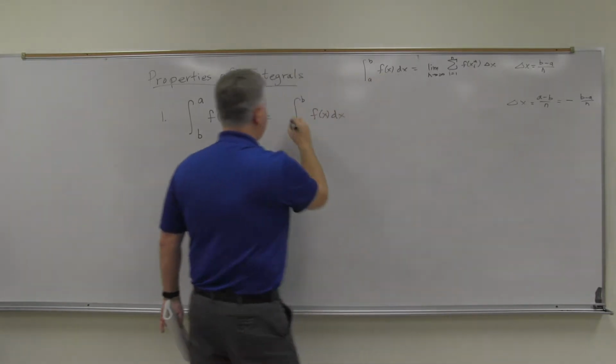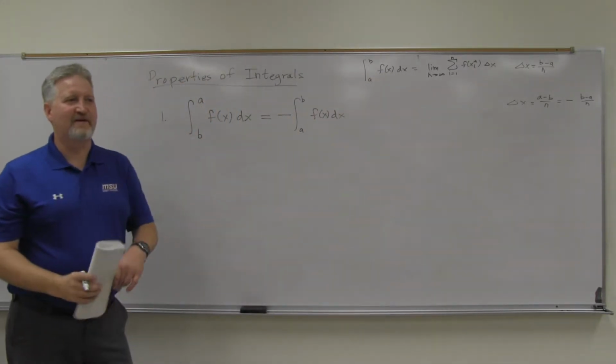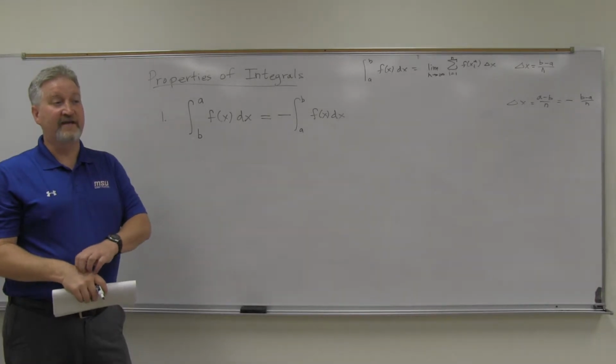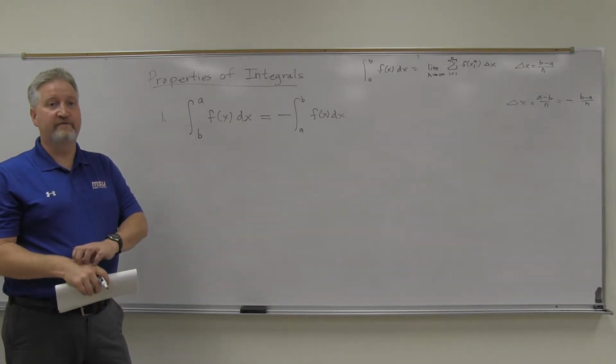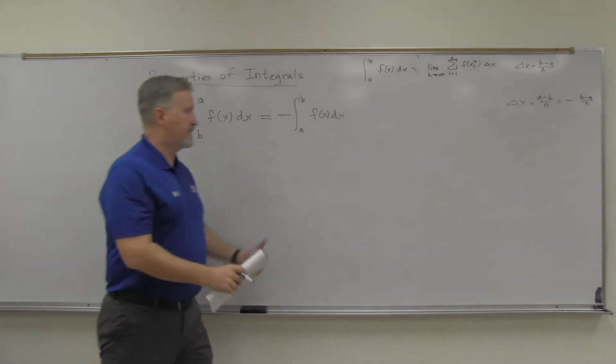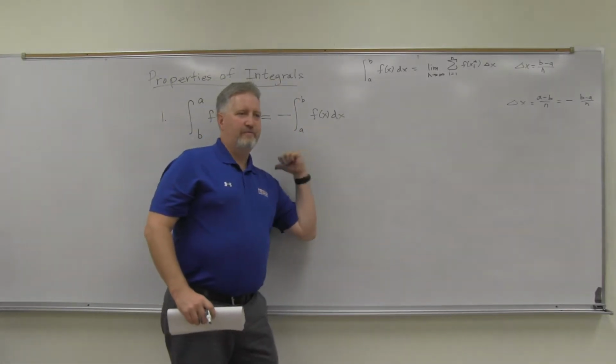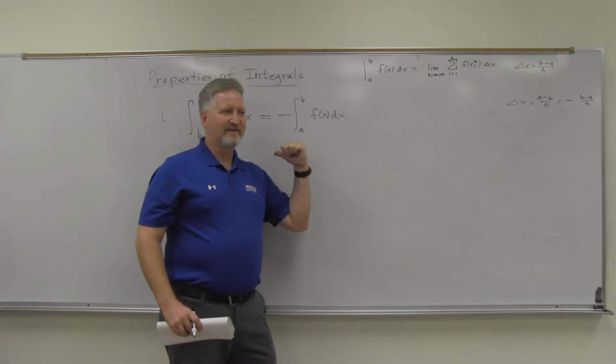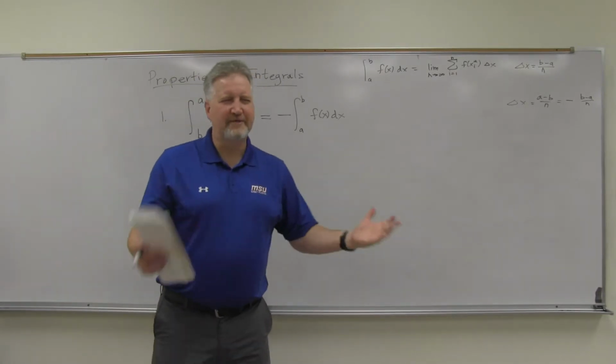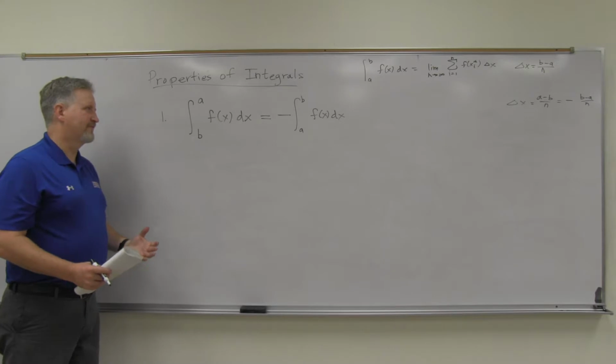So long story short, it makes the integral the negative of what it would have been. Another way to think about it: instead of going from A to B, we're going B to A, so we're going backwards, so to speak. So it negates it.